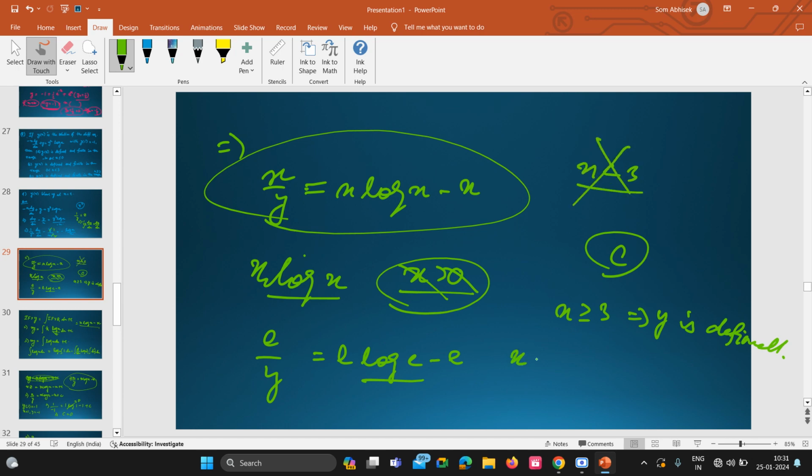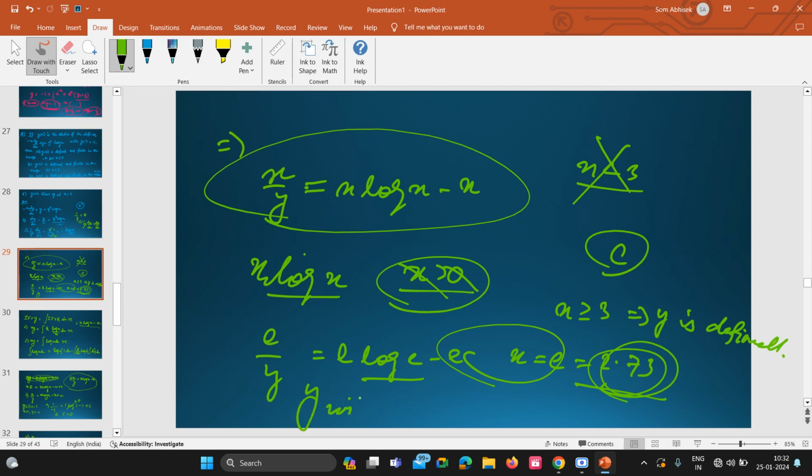But if you see, x is equal to e means 2.73 something, so for this y won't be defined. That means y will blow up for x equal to e. Did you get it? That will be a solution. All right, for this question.